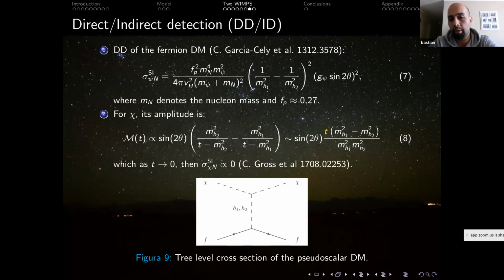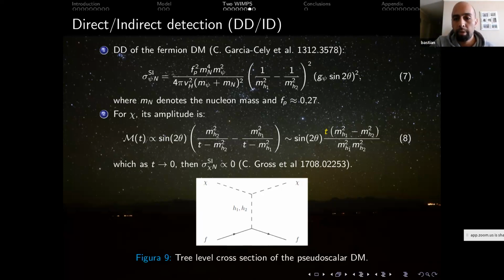For masses of, for instance, 100 GeV, the typical momentum transfer in these direct detection processes is of the order of a few keV or so. So for the pseudoscalar, we have vanishing cross sections. The fermion presents strong cross sections. This is basically the picture.